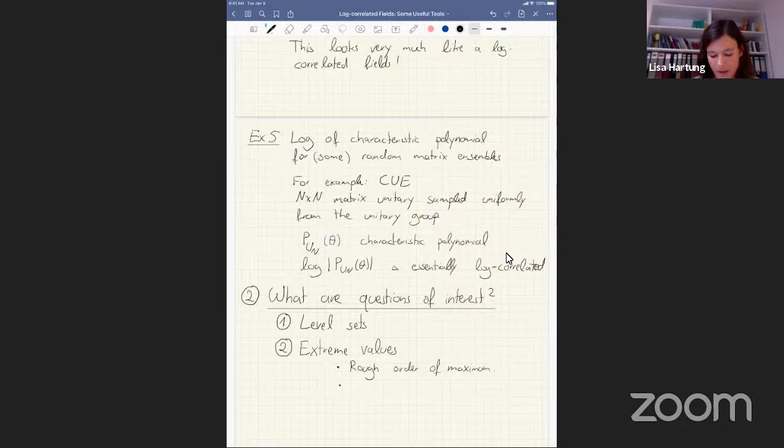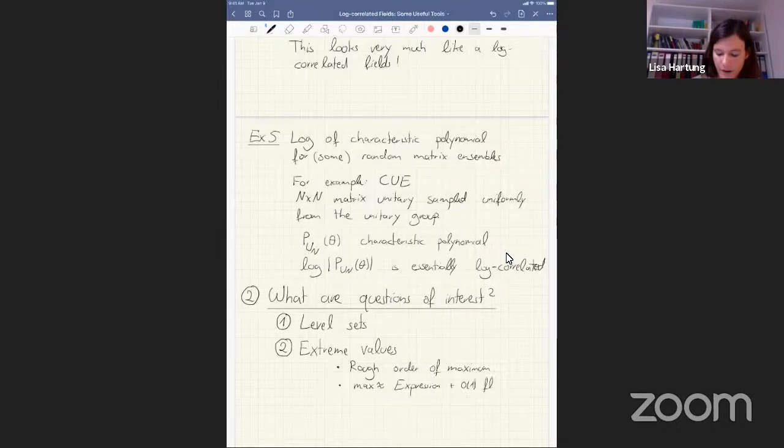Can you say that the maximum is roughly a non-random function, let's just say equal to some expression plus order 1 fluctuations?